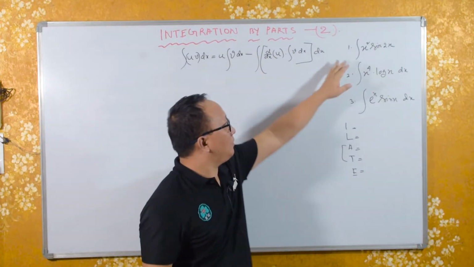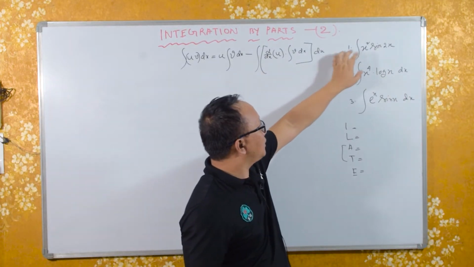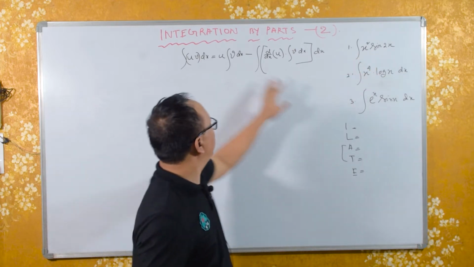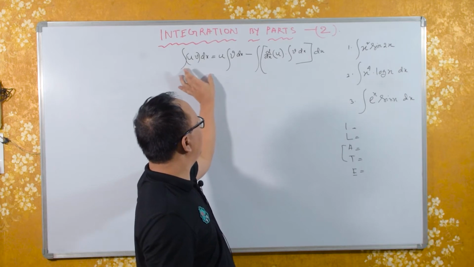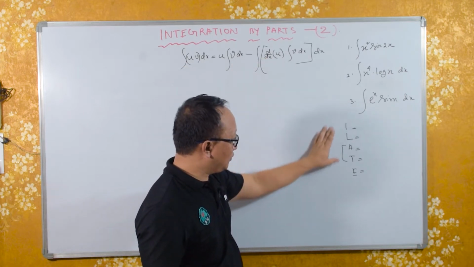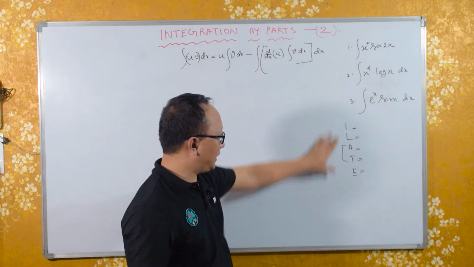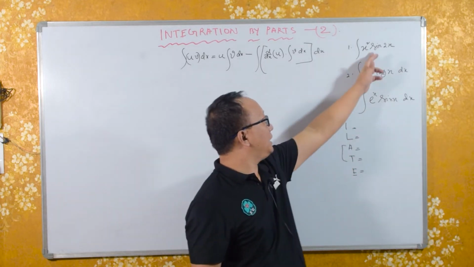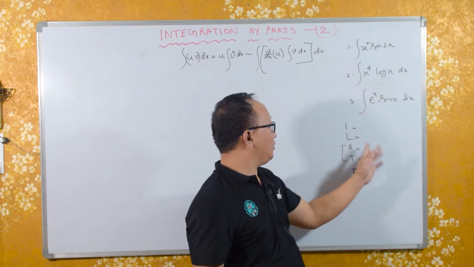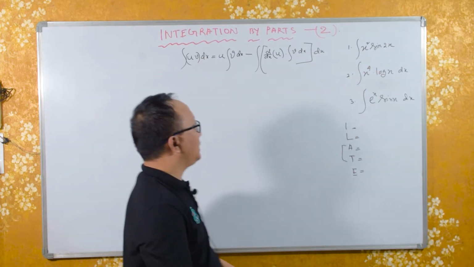Now let's try to solve this first question, x square into sine 2x by integration by parts. We have this u into v rule formula, and then to choose the first function we have this formula, ILATE. Over here x square is algebraic and this is trigonometric, so we have to choose algebraic as the first function.